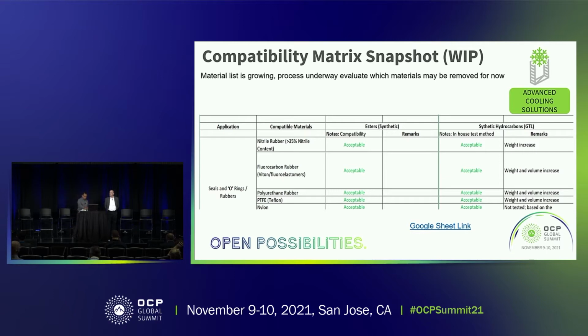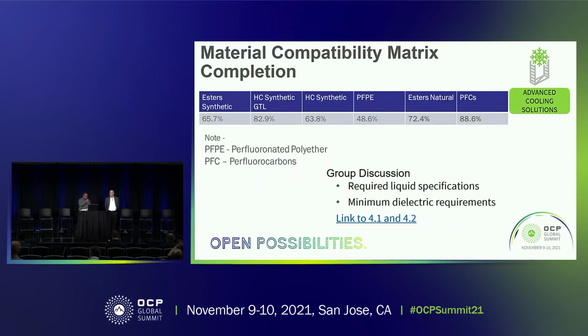So going further, we have compiled all the information that was gathered from all these suppliers. And as I just mentioned, there are 4 or 5 different fluid types available for immersion coolants. And what percentage of information has been shared for each of these players is what is shown.